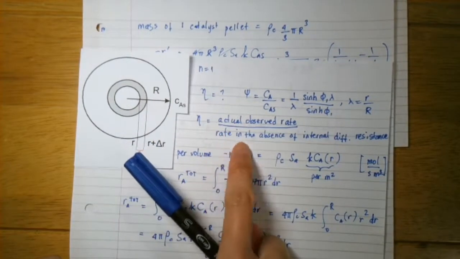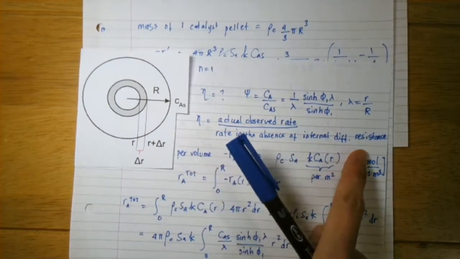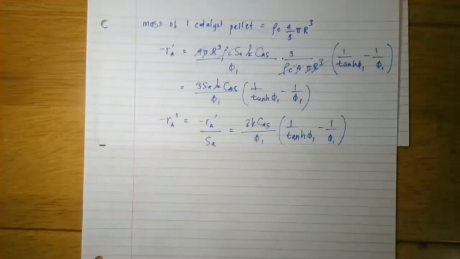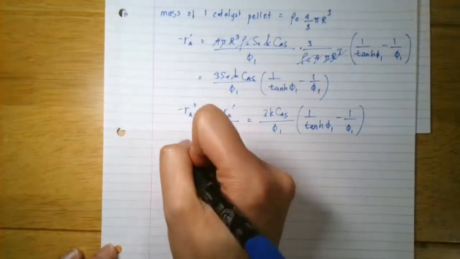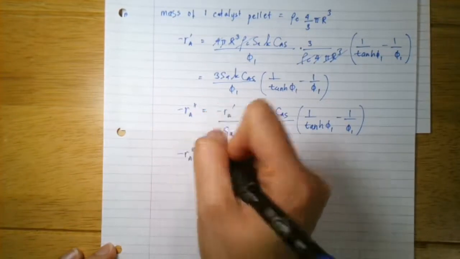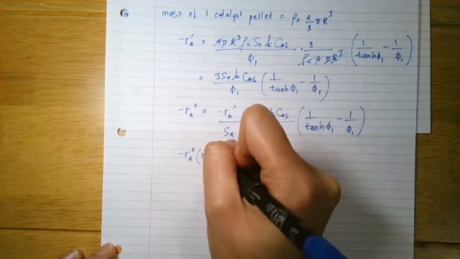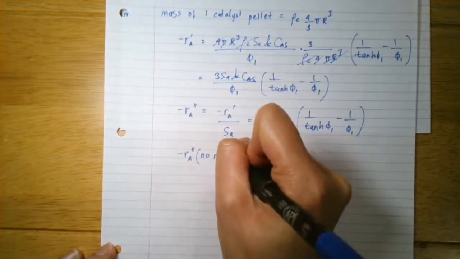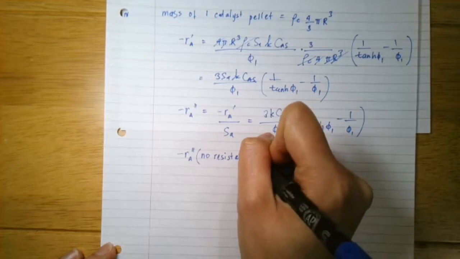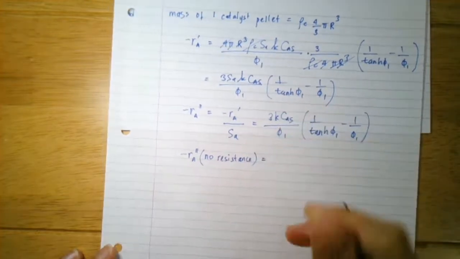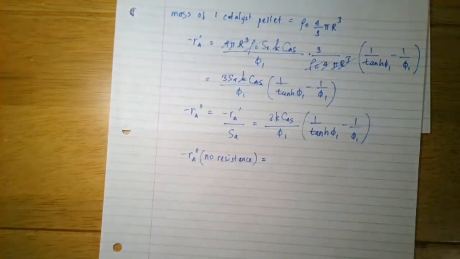So now let's define this rate in the absence of internal diffusion resistance, RA double prime. So no resistance due to internal diffusion. Again, this is as if the concentration at all points inside the pellet is at the surface concentration, at CAS.